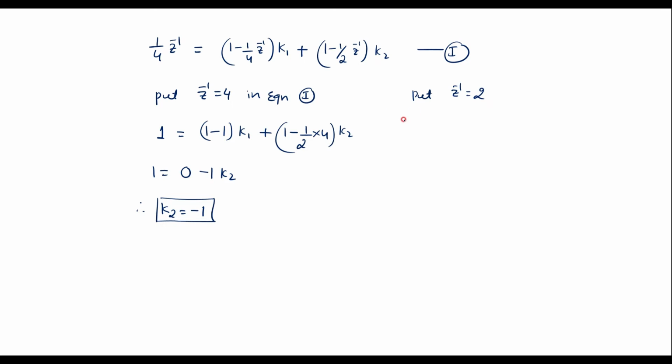So here 1 by 4 z inverse is 2 by 4, which is 1 by 2. So 1 by 2 is equal to 1 minus 1 by 4 into 2, times k1, plus this term which is 0. Simplifying this, 1 by 2 is equal to 1 minus 1 by 2, which is 1 by 2 k1. Therefore k1 is equal to 1.